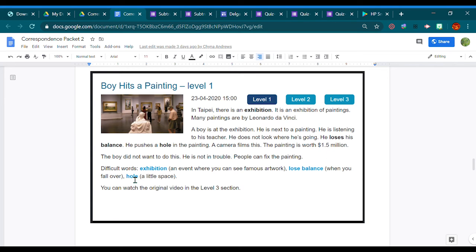He loses his balance. He pushes a hole in the painting. A camera films this. The painting is worth $1.5 million. The boy did not want to do this. He is not in trouble. People can fix the painting.